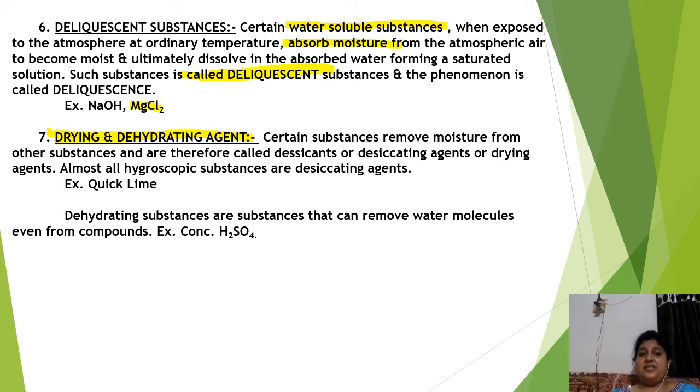The substances which remove moisture and only dry it up are known as desiccants or drying agents. But dehydrating substances are those which absorb or remove water molecules from a compound.